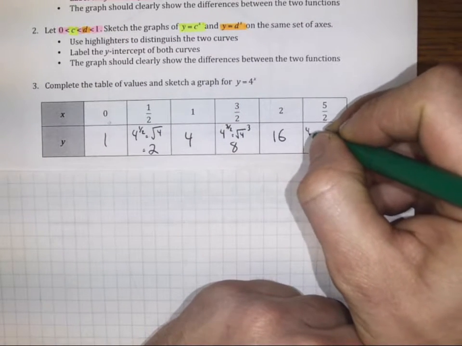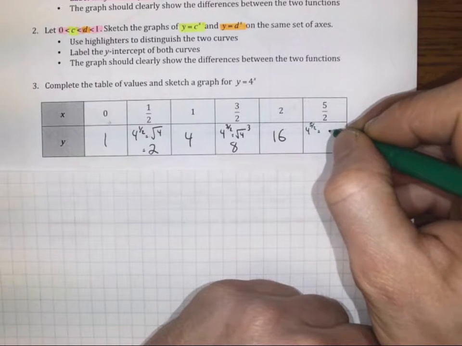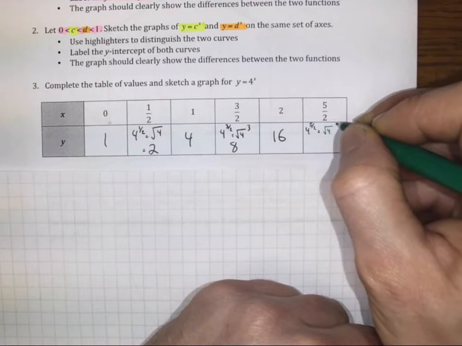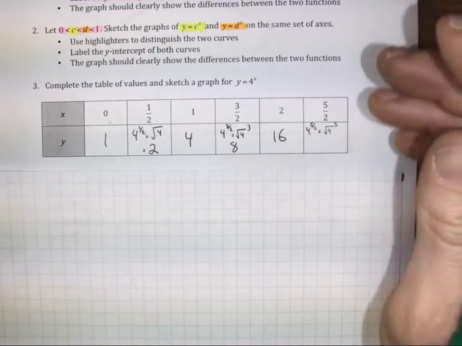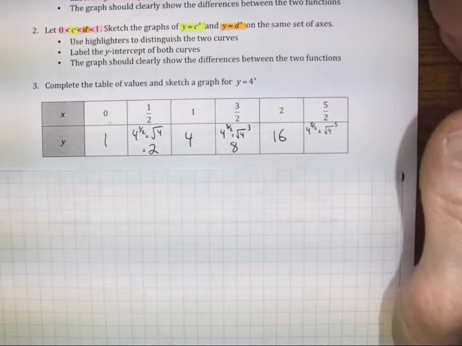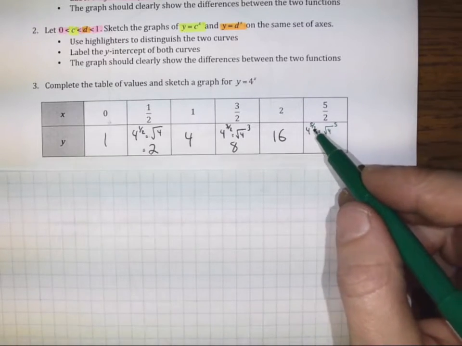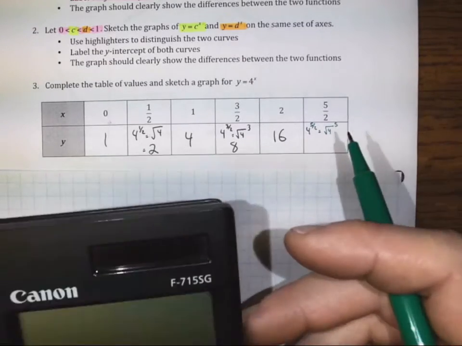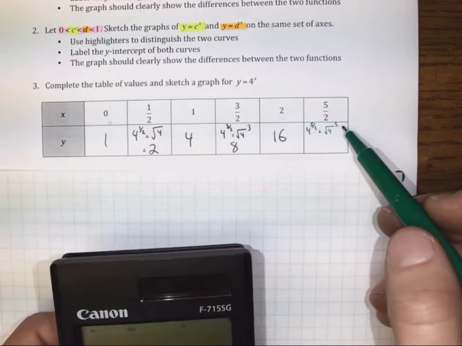So 4 to the power of 5 halves is the same thing as the square root of 4 raised to the power 5. Now, let's talk about what to do if we're not comfortable with converting between fractional exponents and radicals. If you're going into calculus, I would suggest reviewing this concept.